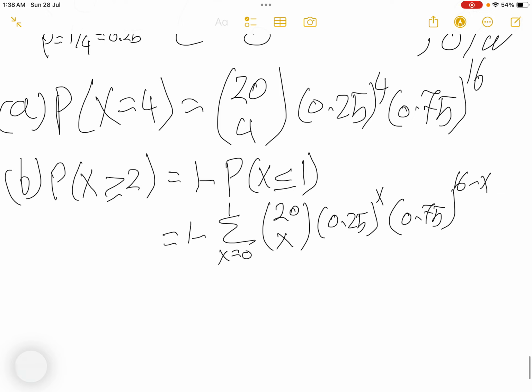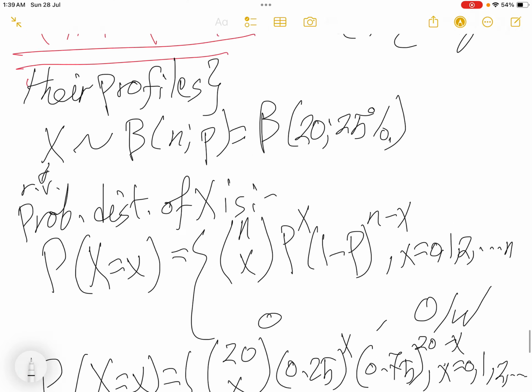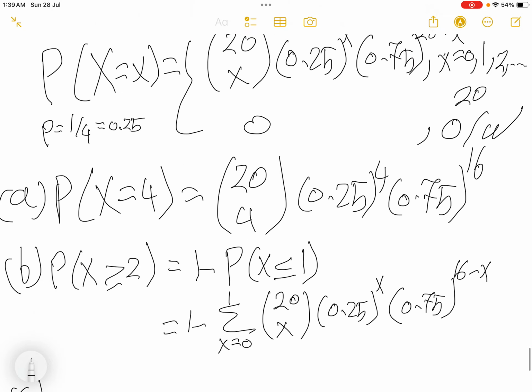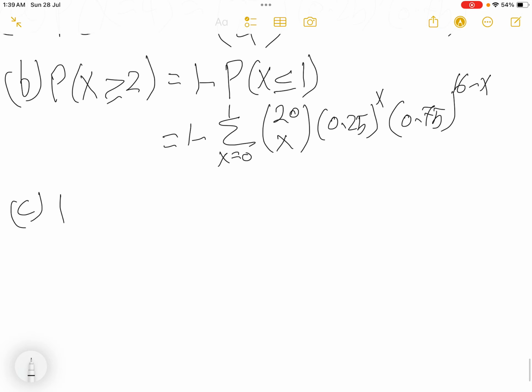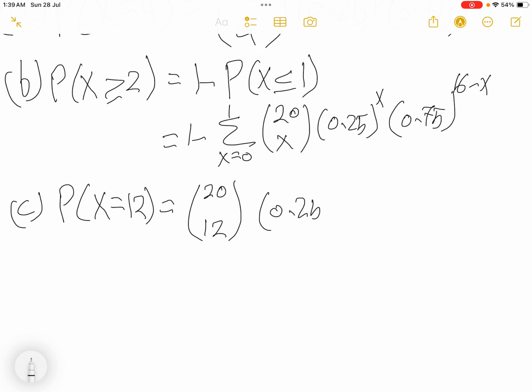Part C, probability X equal 12, which is 20 over 12, 0.25 to the power 12, 0.75 to the power 8.